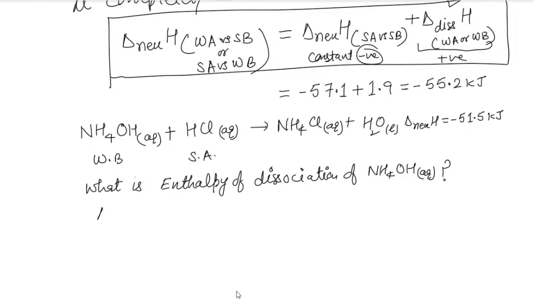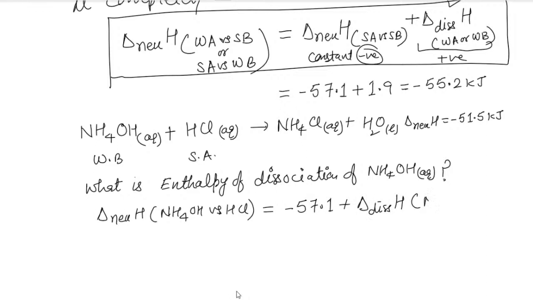Because the enthalpy of neutralization of the weak base, ammonium hydroxide, versus HCl is equal to the enthalpy of neutralization of strong acid and strong base, that is 57.1, plus the enthalpy of dissociation of ammonium hydroxide, right?